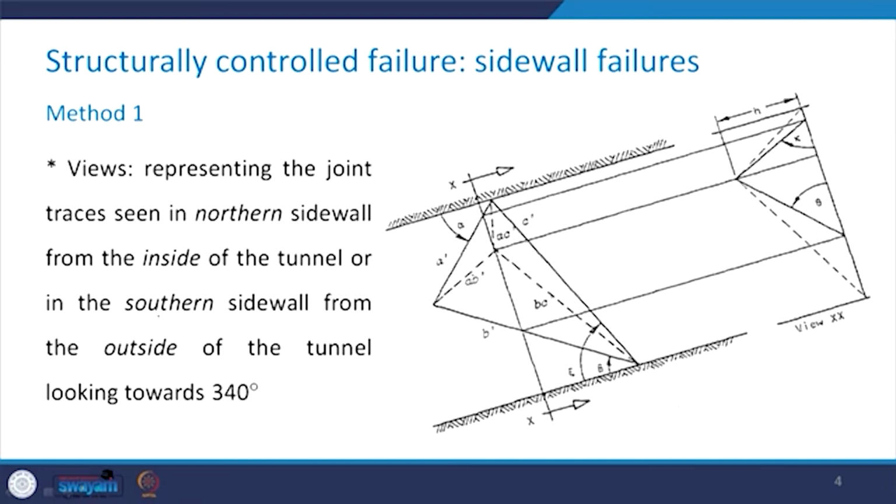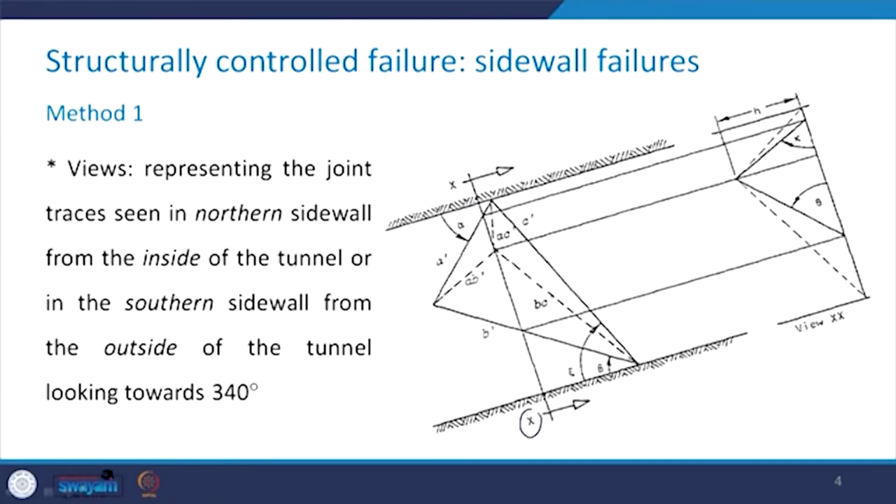Remember that the tunnel was running in the direction from 250 degree to 70 degree and we have taken this section XX, which is perpendicular to the tunnel axis and passing through the center of the net.